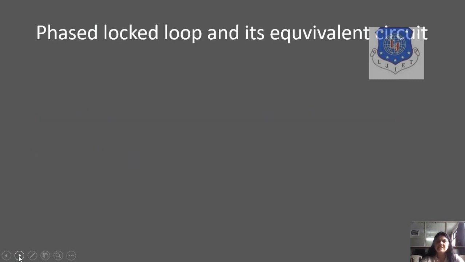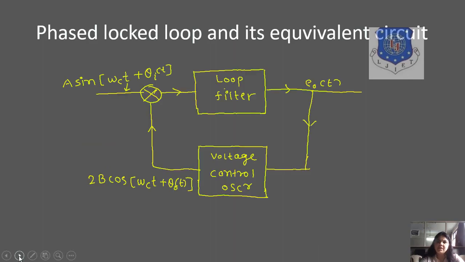PLL and its equivalent circuit. Here you can see the block diagram of the PLL circuit, which consists of three basic components: loop filter, voltage control oscillator, and a multiplier.